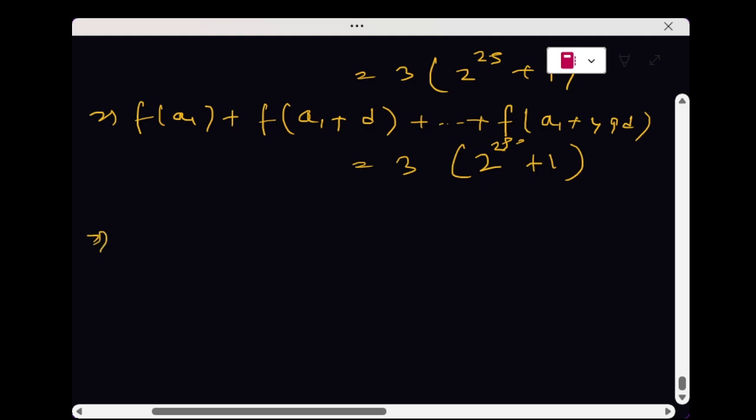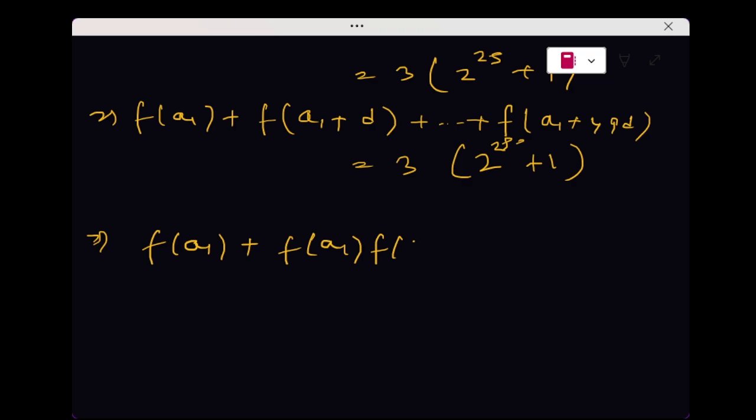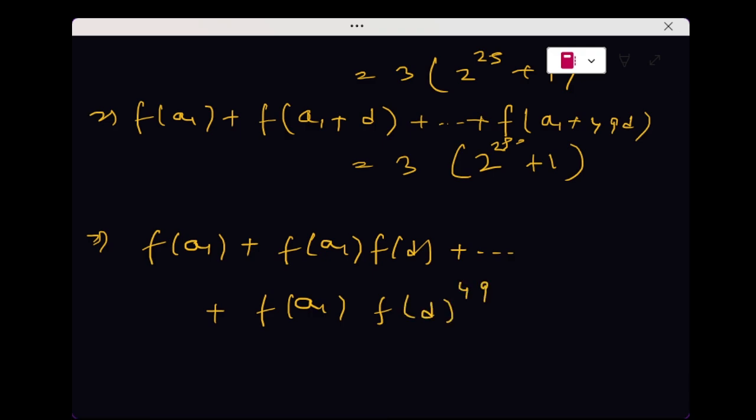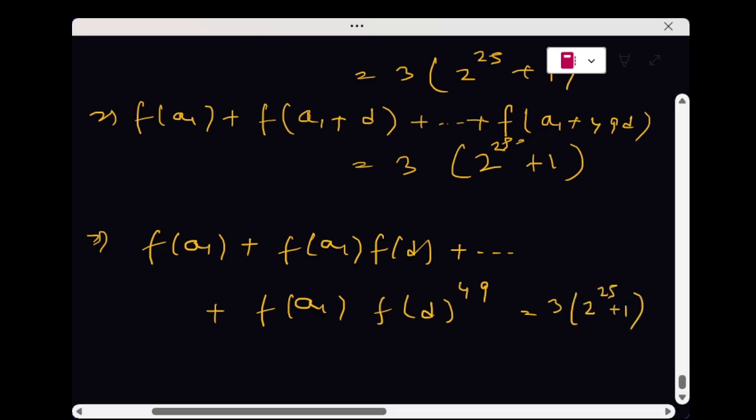Using the previous results and properties, we can write f of a1 into f of d plus dot dot, we get the last term as f of a1 into f of d to the power 49 equal to 3 into 2 to the power 25 plus 1.